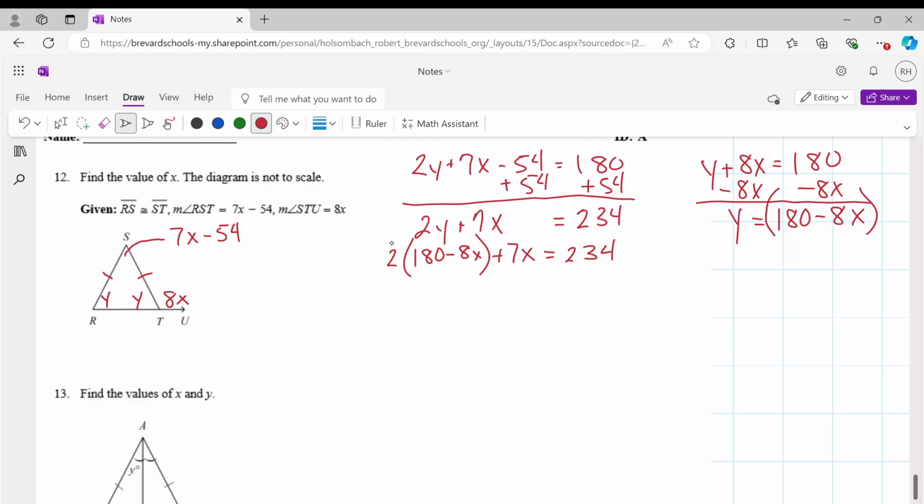We're going to do the distributive property. So 360 minus 16x plus 7x equals 234. We're going to subtract 360 and combine like terms in one step. So minus 360, minus 360.